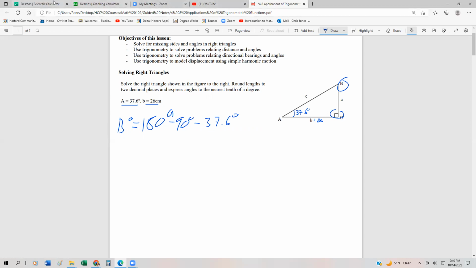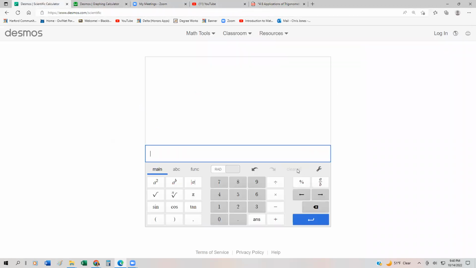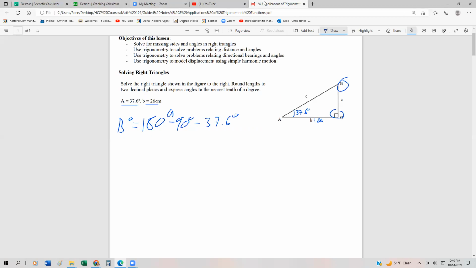But let's just verify that. So we take 180 minus 90 minus 37.6, and that's going to give us 52.4 degrees. So we found all the angles. That's pretty easy.